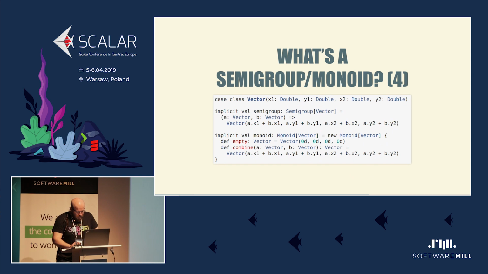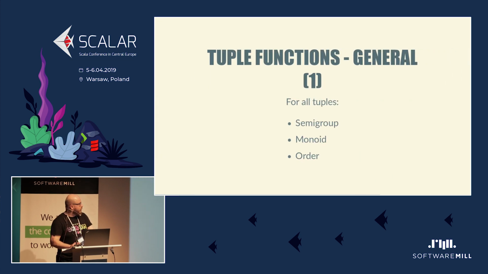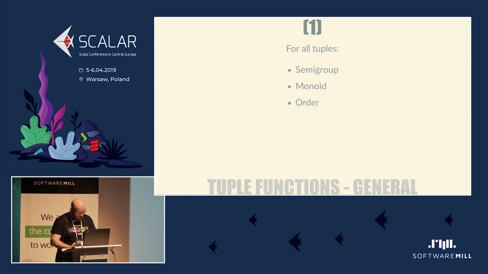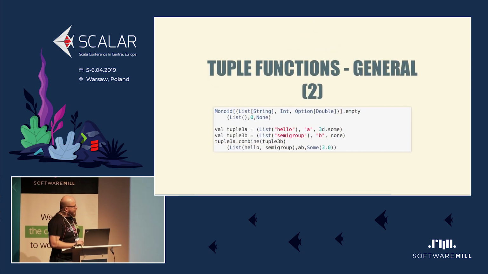Okay, and as a final thing, something that will probably be useful to pretty much everyone at some point, and I guess that at least some of you have used it. Cats also provides enhanced syntax based on category theory for tuples. So for all tuples, you get semigroup, monoid, and order. And of course, you can use that.